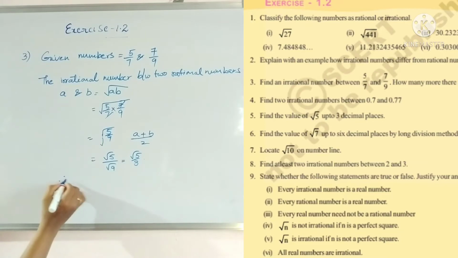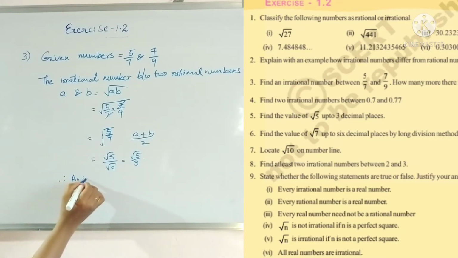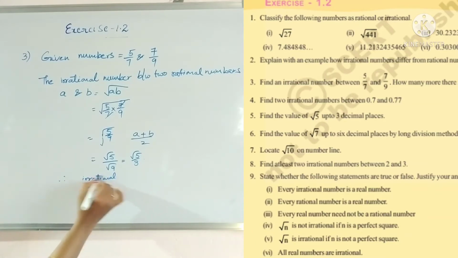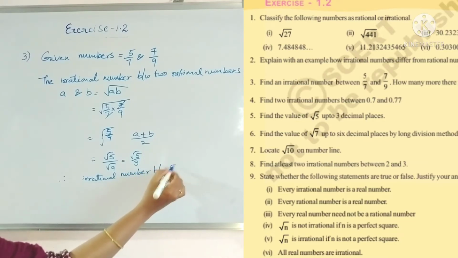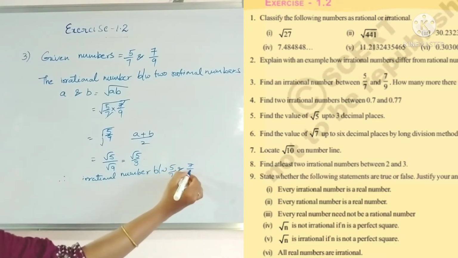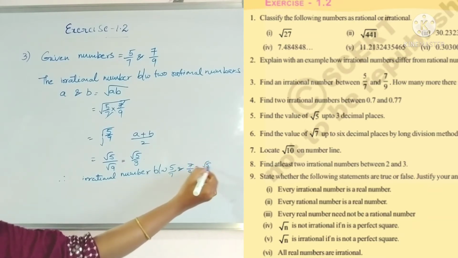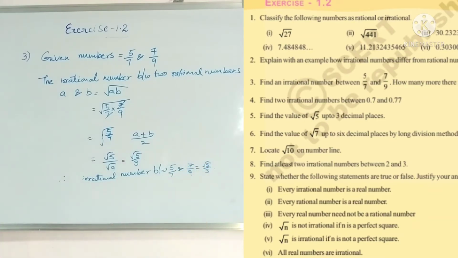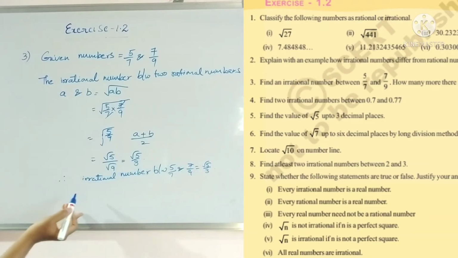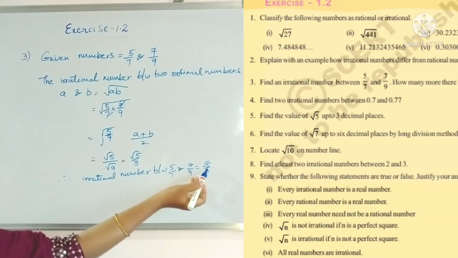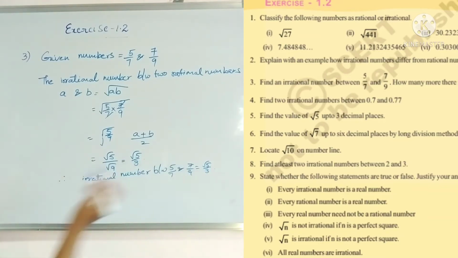Therefore an irrational number between 5 by 7 and 7 by 9 is equal to root 5 by 3. You may ask, this is in the form of p by q, how can you say irrational number? But clearly you know root 5 is an irrational number, and dividing an irrational number we get again an irrational number. So like this we can solve.